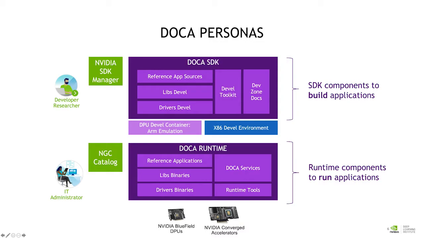This distinction between these two personas is critical to understanding the entire DOCA ecosystem and software stack. Unlike CUDA, targeted primarily to developers, DOCA has a wider audience as the DPU platform itself provides a wide range of capabilities, some of which do not require any application programming to be able to consume.